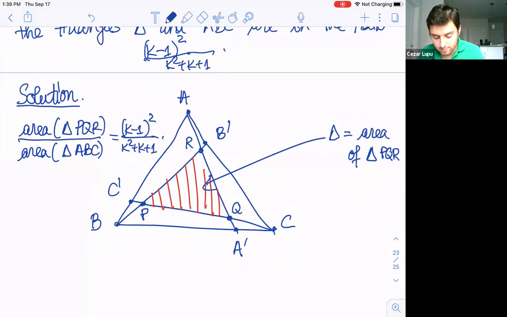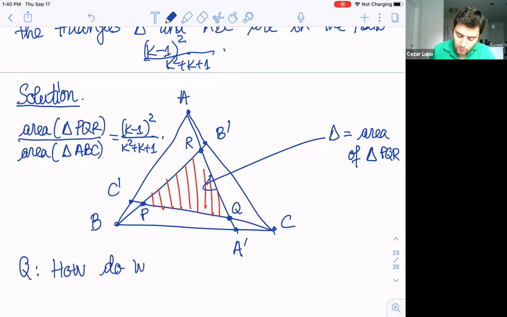Well, that's why I want to do this problem, because you'll see at some point we'll get stuck. But anyway, let's look at it. The question is, how can we use vectors to show this? Well, you can do it without vectors too.